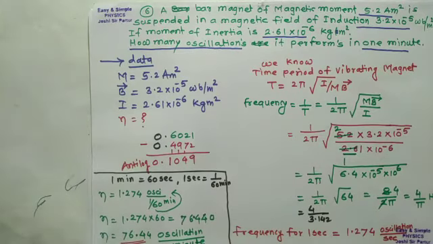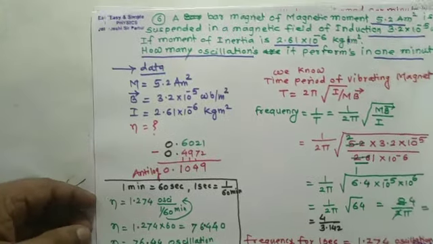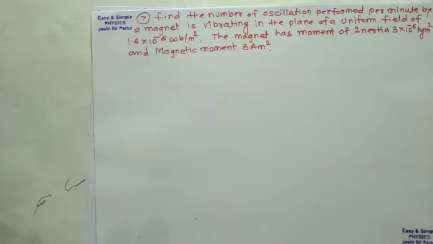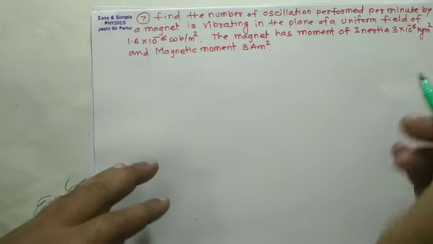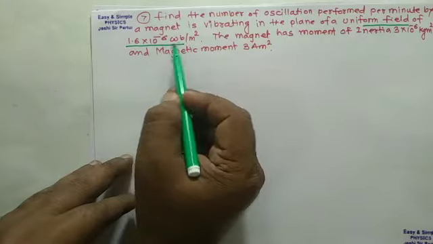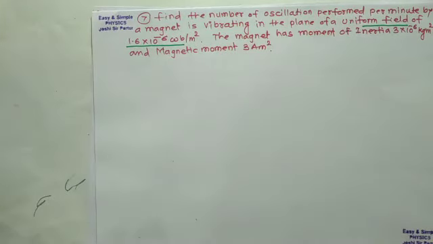That will be the answer for the given 6th question. Again, a similar example will be there: find the number of oscillations performed by a magnet vibrating in the plane of a uniform field of induction 1.6 into 10 to the power minus 6 Weber per meter square.